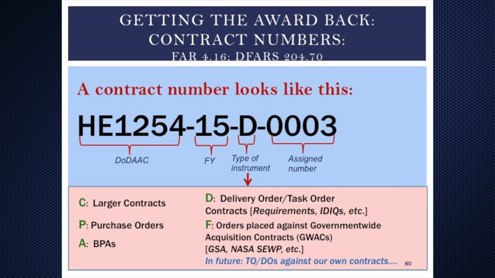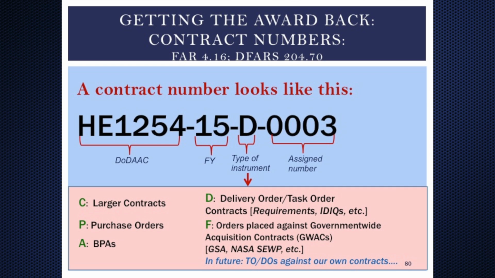You can tell a lot by the way a contract is numbered. If you become more and more familiar with DoDEA contract numbers, you'll be able to know a lot about that contract just by looking at the number. So we'll talk about that.